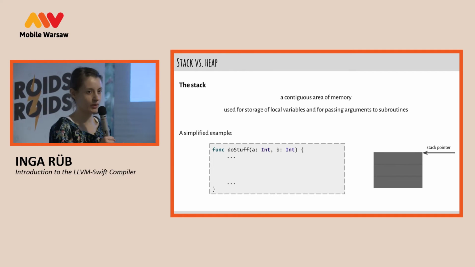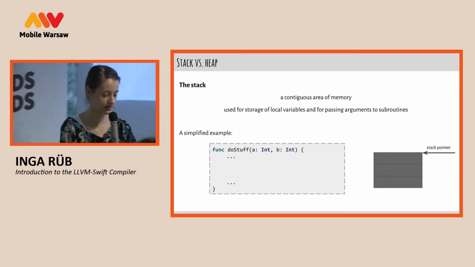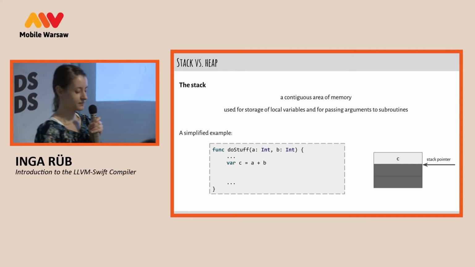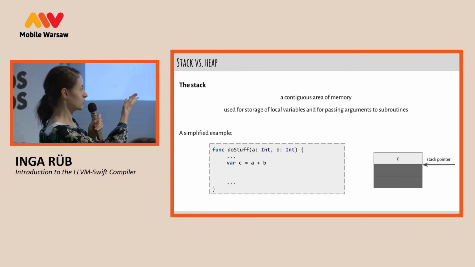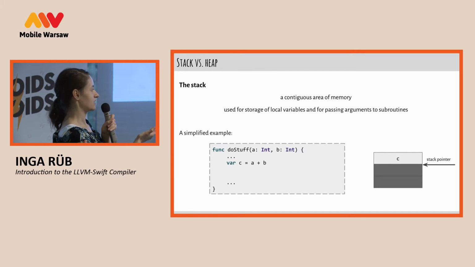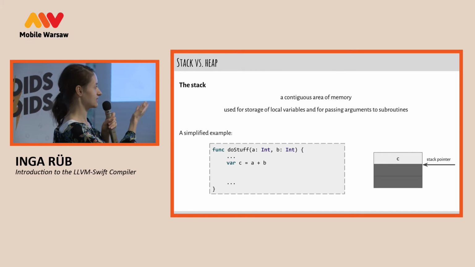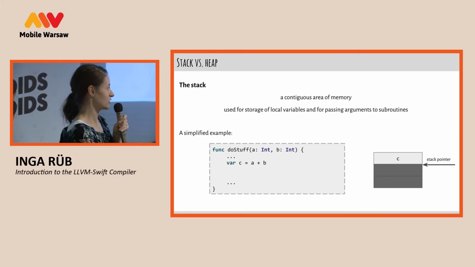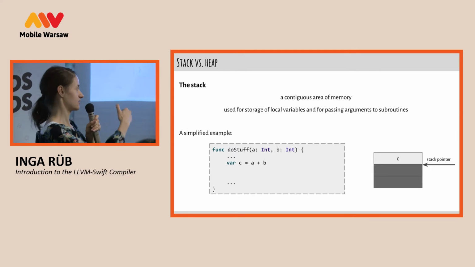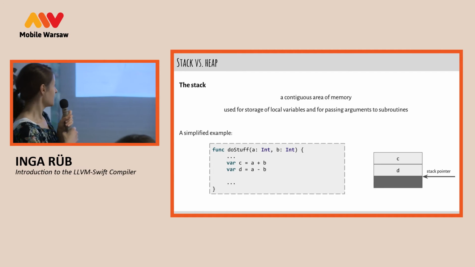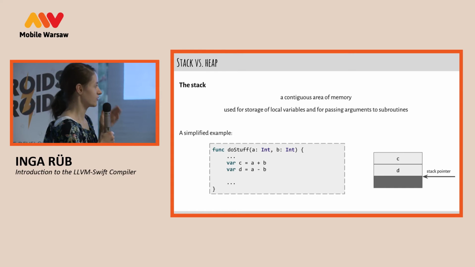Underneath we have a simplified example to analyze. Let's assume we have a variable c. When we have such an instruction, the compiler simply allocates some memory on the stack, and the stack pointer moves. So now we know that the free memory available is below c. Then the next instruction, we have a variable d.